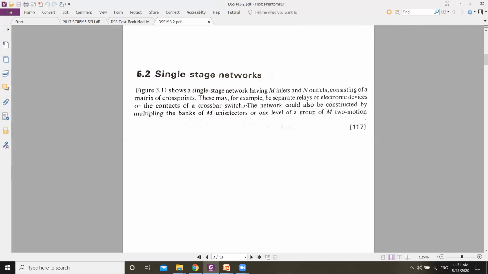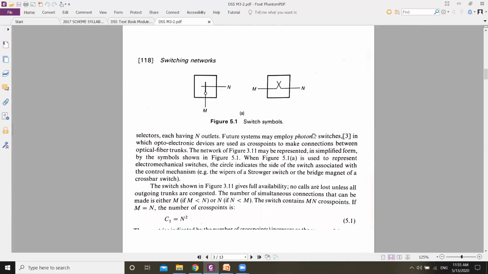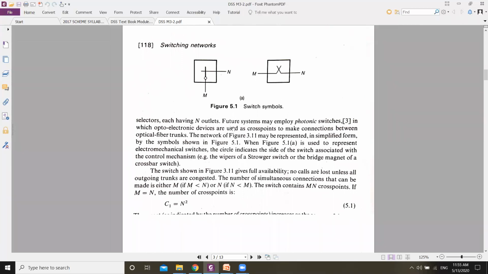These may for example be separate relays or electronic devices or the contacts of a crossbar switch. These crosspoints may be made by electronic switches or any other electromechanical system. The same network can also be constructed by multiplexing banks of m uniselectors or one level of a group of m two-motion selectors, each having n outlets.